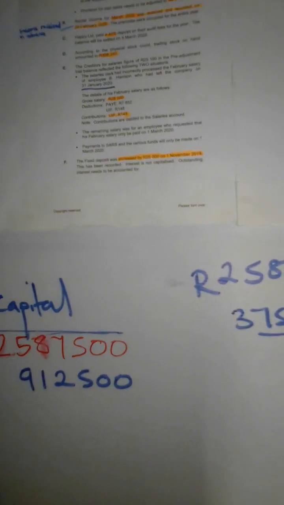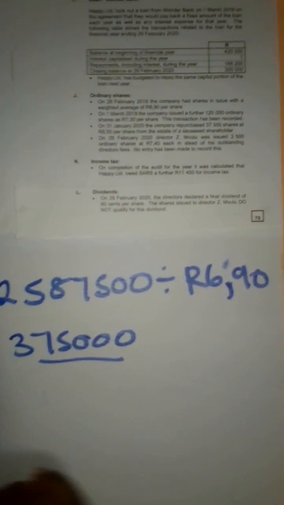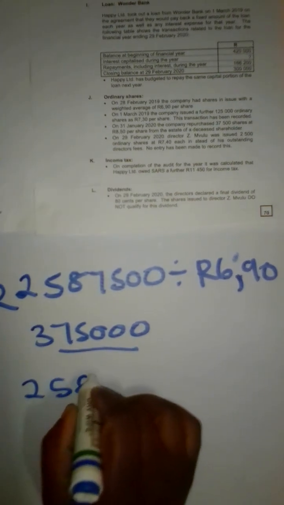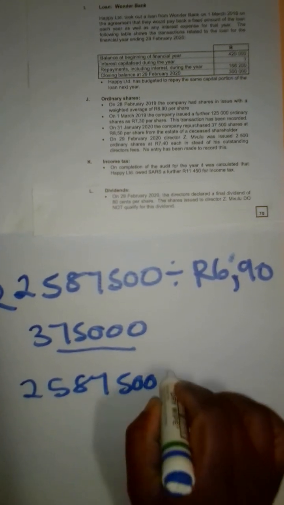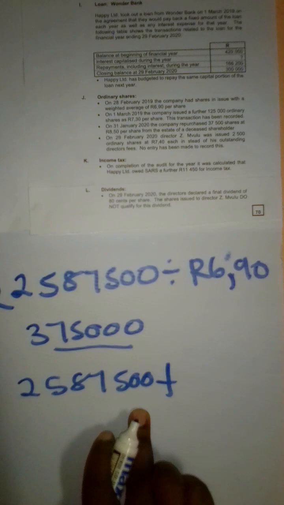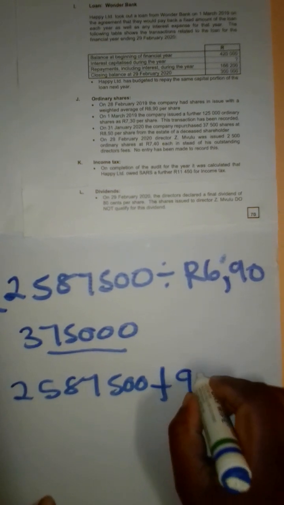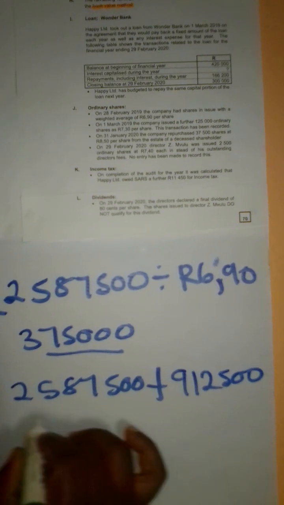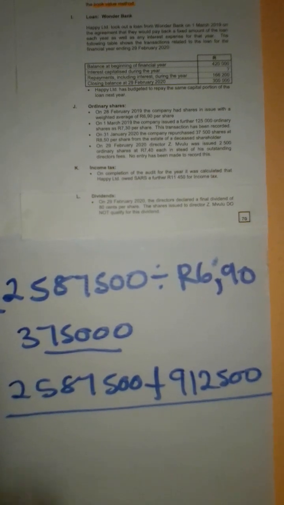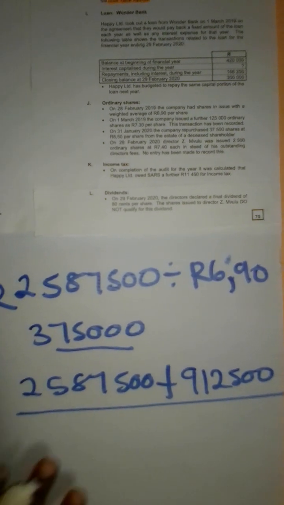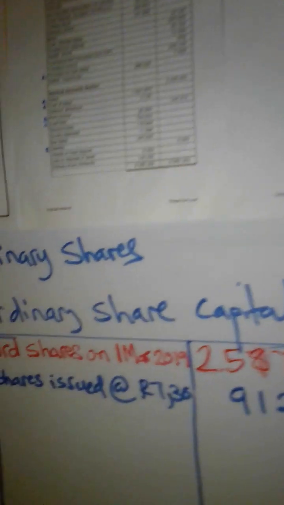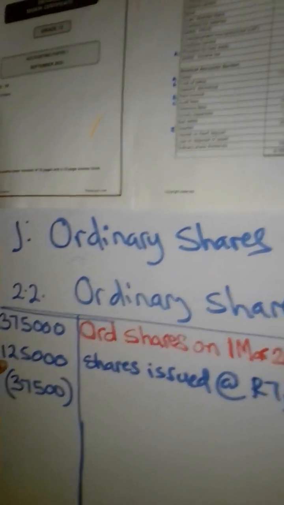So in other words, 2,587,500, which is the balance at the beginning, plus the one that was issued during the year, 912,500, we are going to divide by the number of shares: 375,000 plus 125,000.